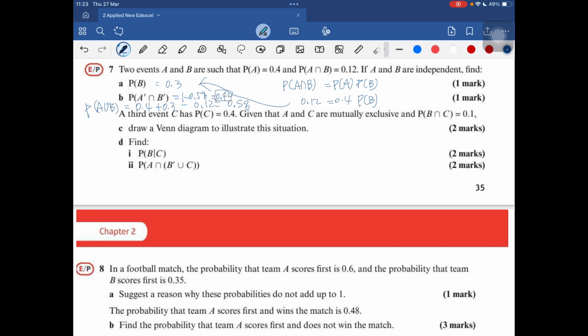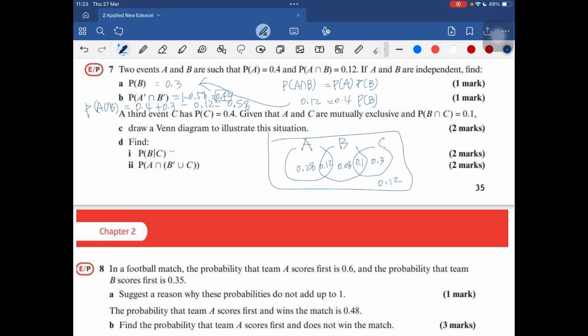So part C. Venn diagram, mutually exclusive. Okay, so A, B, C, 0.1. A and B 0.12, so 0.28. B was 0.3, so 0.08, and C 0.3. So altogether 0.88, 0.12.